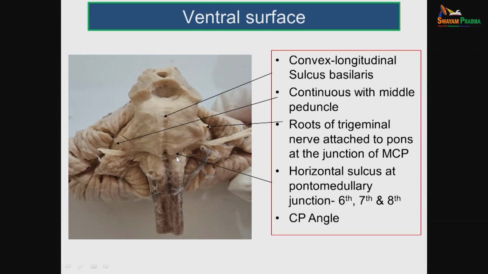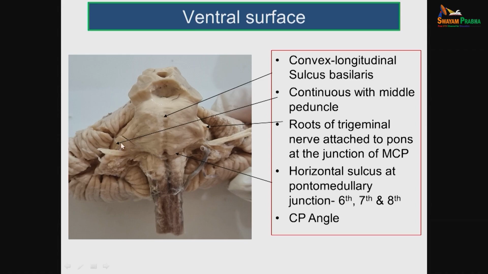Another important feature is the CP angle, that is the cerebellopontine angle. This is very important clinically, because it is the junction between the pons, cerebellum and the medulla.